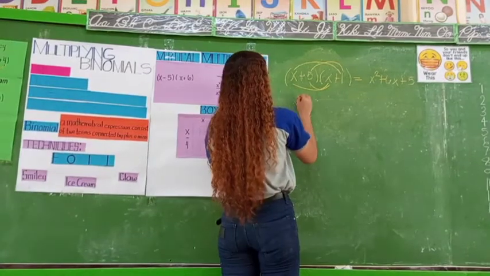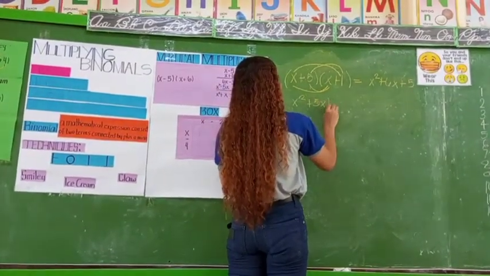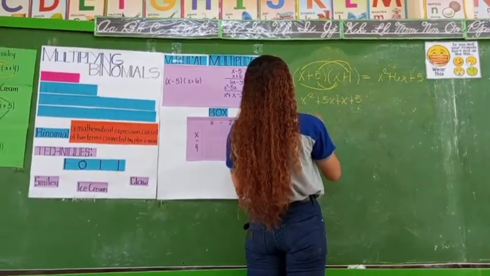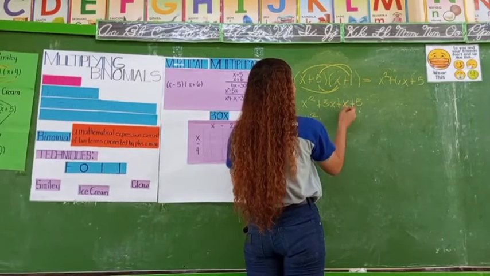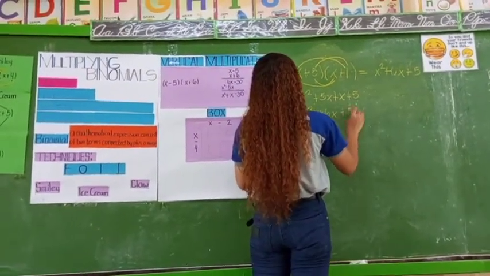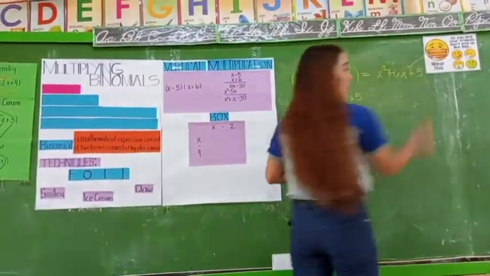So we have x squared plus 5x plus x plus 5. So we have here x squared, 5x plus x, we have 6x, and then plus 5. Tama ba? Okay, correct. Using the smiley method ito.